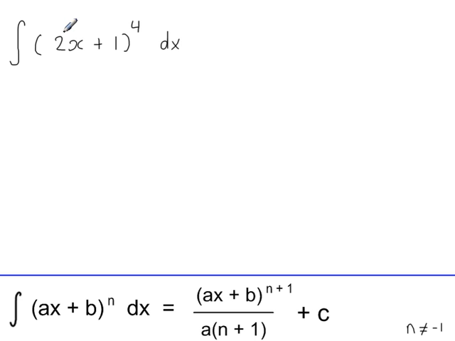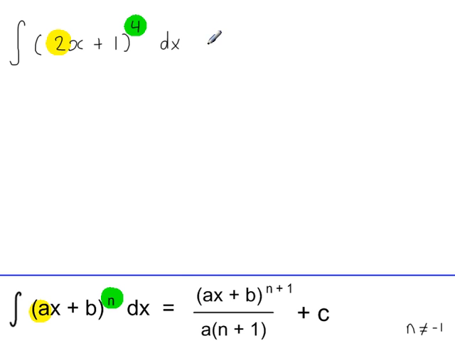Integrating 2x plus 1 to the power of 4, and in this example the coefficient of x is 2, and n, the power, is 4.